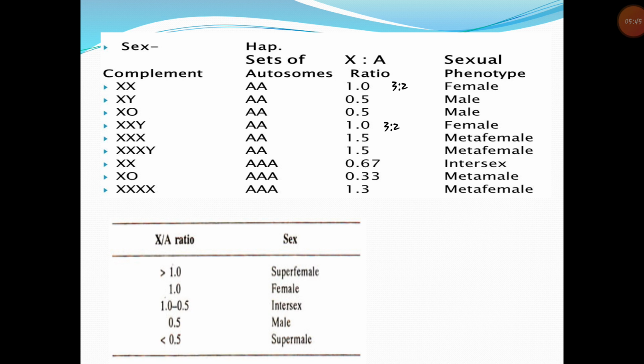Then the super male has a ratio less than 0.5. This is the ratio of sex chromosomes to autosomes for sex determination in Drosophila.